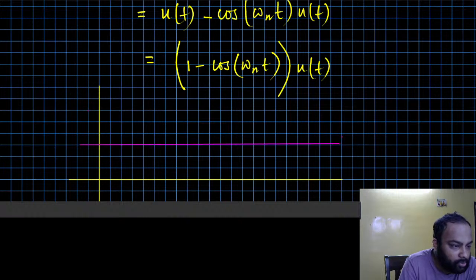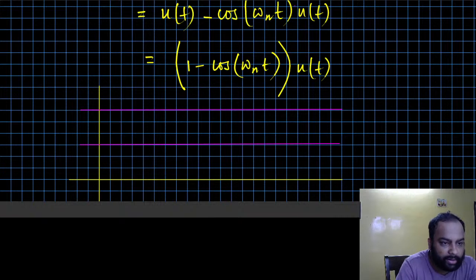And drawing is the most difficult thing on a tablet, at least for me. Okay, so we have t here, and we have the output here. And of course let's consider the points at which this is going to become 0.